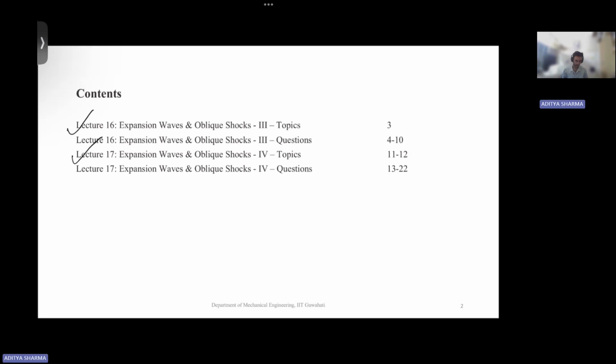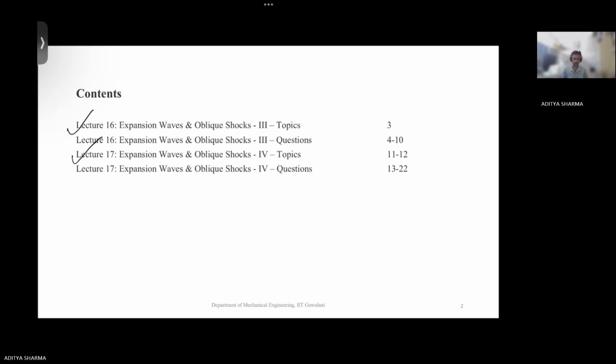After that, in lecture number 17, we see some theories and how the flow behaves when we have a blunt body, the kind of shocks that we get.